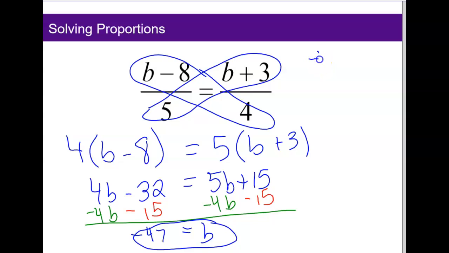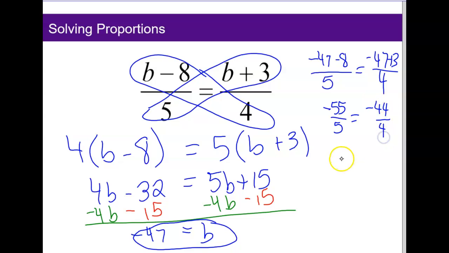That means negative 47 minus 8 over 5 is equal to negative 47 plus 3 over 4. So negative 47 minus 8, that's negative 55 over 5. Is that equal to negative 47 plus 3? That's negative 44 over 4. Absolutely. Both of these are equal to negative 11.